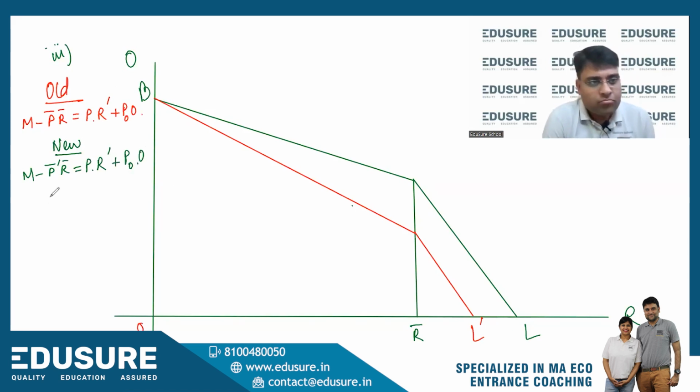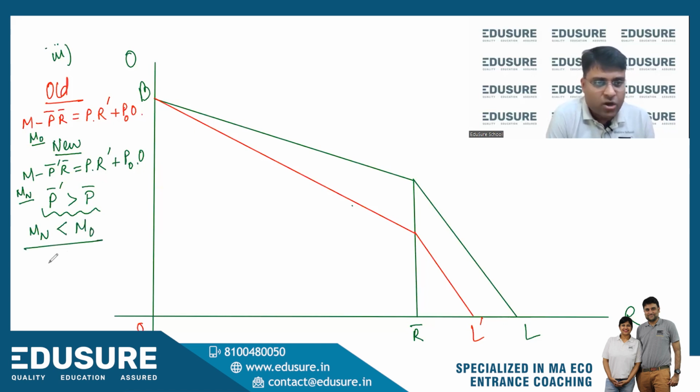Okay, so P bar dash is greater than P bar. The price in the ration shop has increased. Therefore, this is M0. This is M new. So money income in the new case is less than the money income in the old case because P bar into R bar is less than P bar dash into R bar.